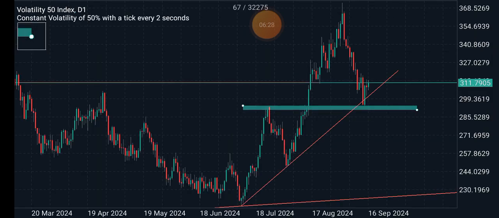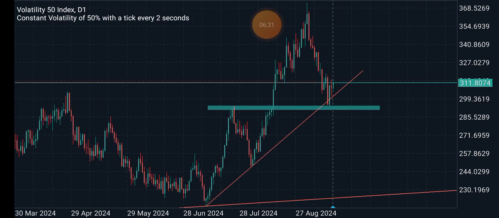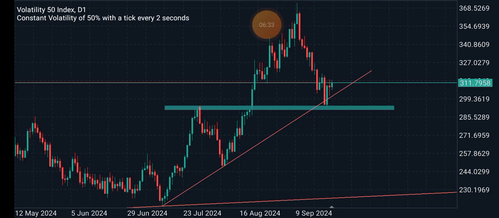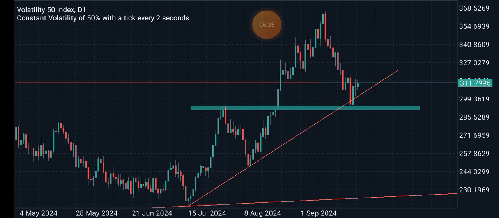So if you look at this very well, you see it is very, very clear. Price is making a higher high, a higher low, a higher high, and now it is making a higher low. You get me? So price could either break out from here and go up.